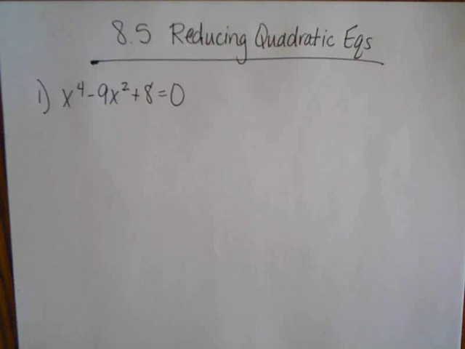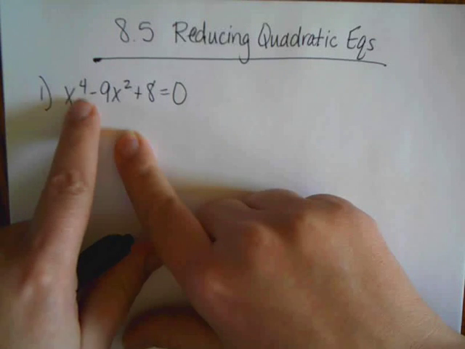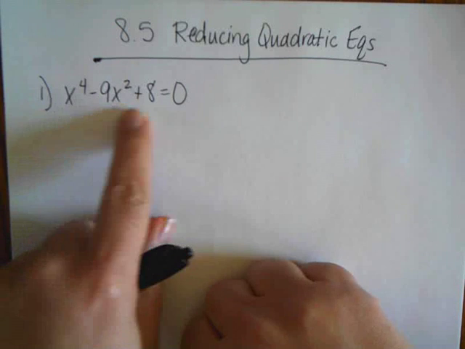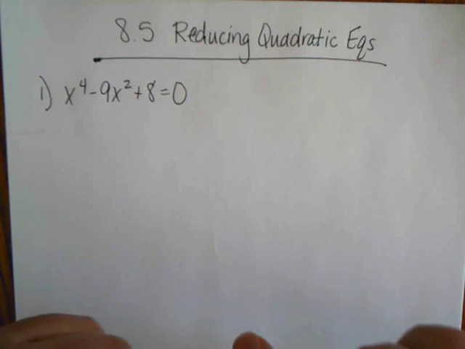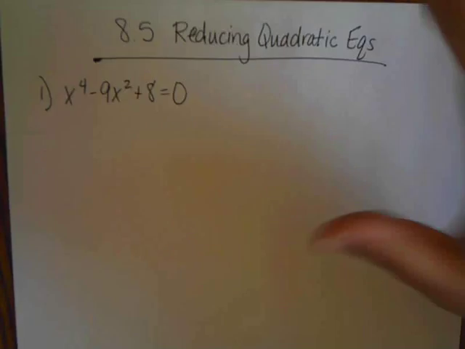And actually, you could say it's a fourth power equation. But what we can do is we see that it does look similar. We have a something to the fourth and a something squared, and then a constant. So it looks kind of like ax squared plus bx plus c, but it's missing some information. So what we can do is we can use what's called u substitution, or any letter, but I'm just going to use u.